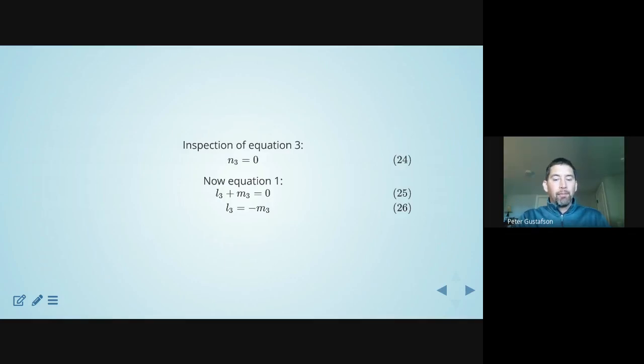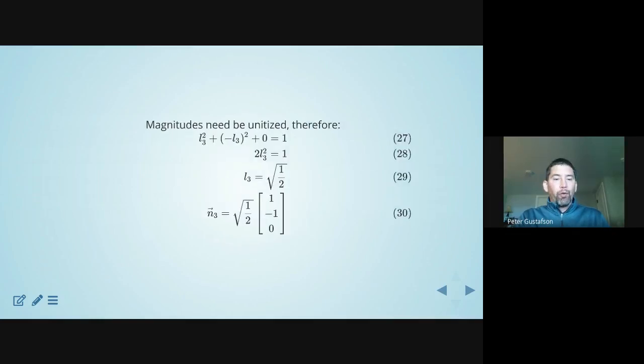So L3 is minus M3. Then, of course, we can place that into the same magnitude of the unit vector equal to 1 calculation. And the minus sign goes away when we square. So 2 L3 squared is equal to 1. L3 is still equal to 1 over root 2. And N3 now is equal to square root of 1/2 times 1, minus 1, 0. If you recall from the first principal calculation, it was 1, 1, 0. Here it's 1, minus 1, 0.